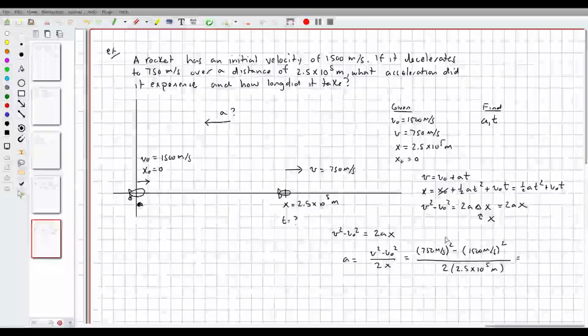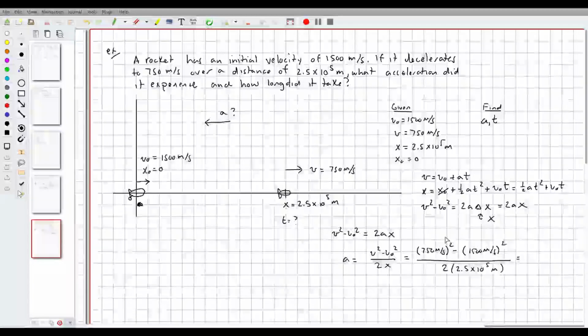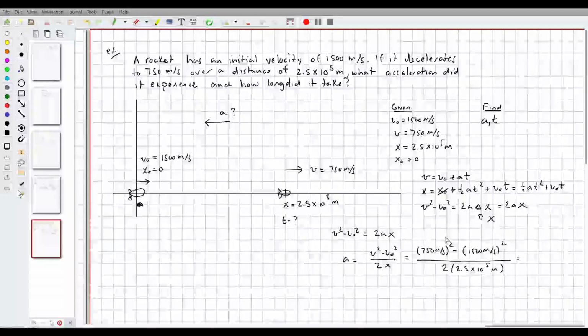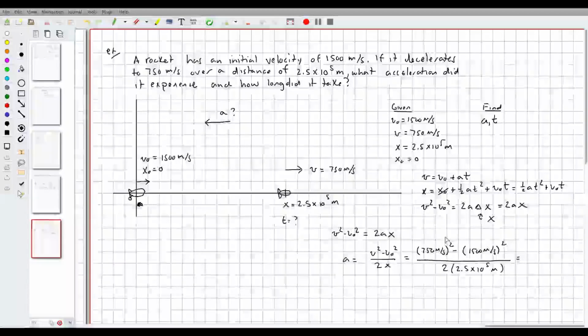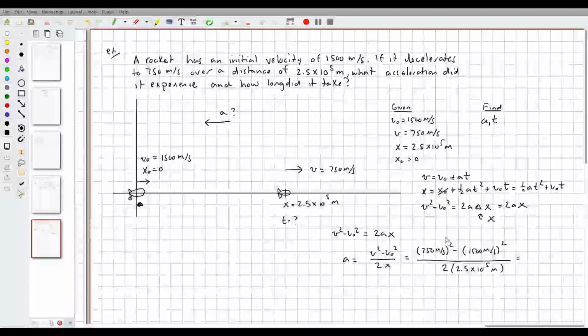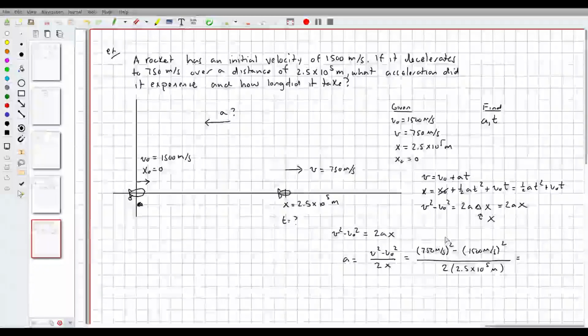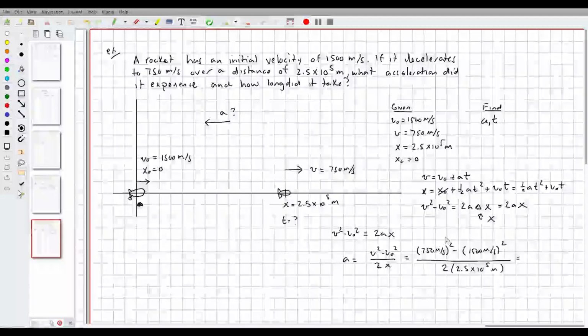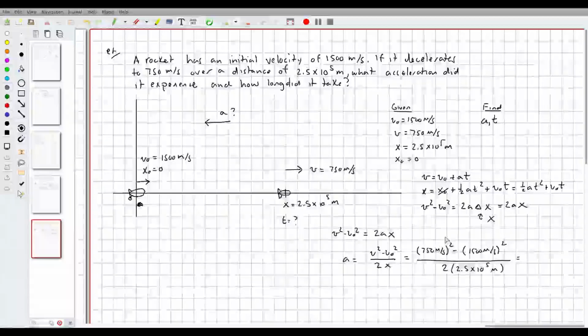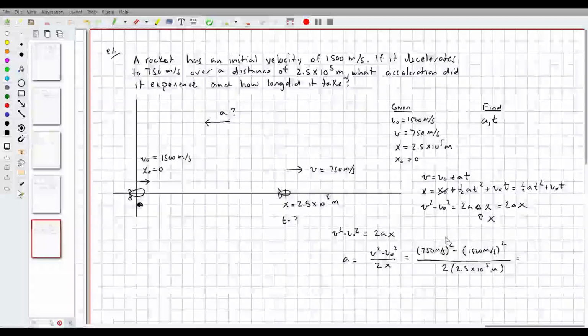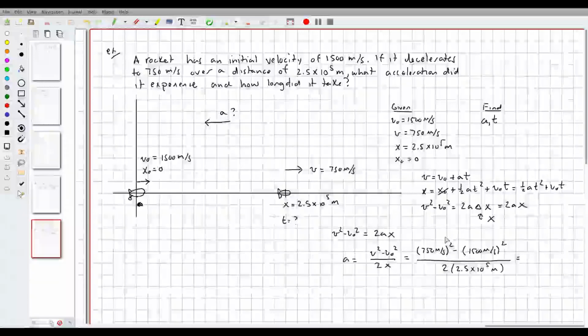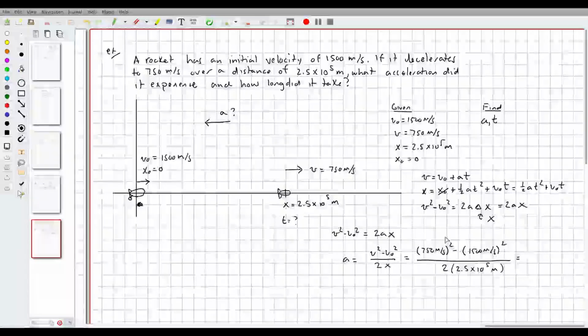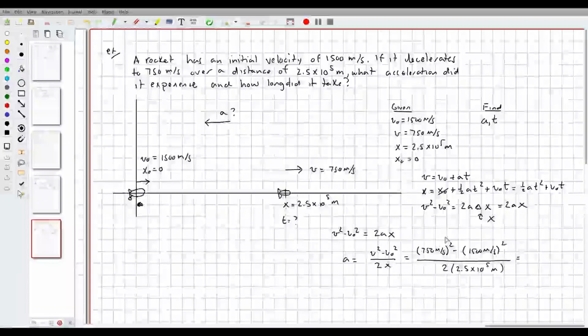That's 750 squared minus 1500 squared divided by 2 times 2.5 times 10 to the 5th power.